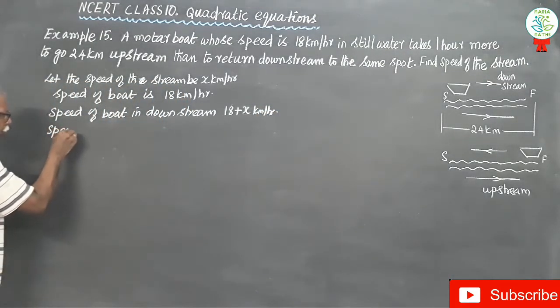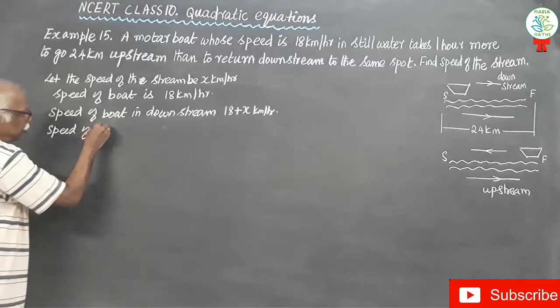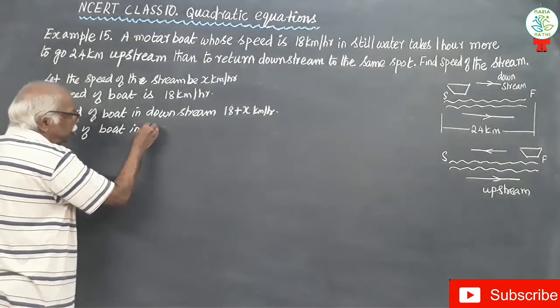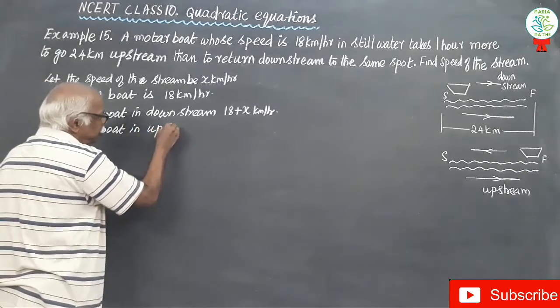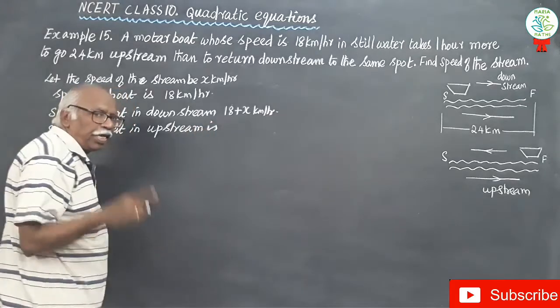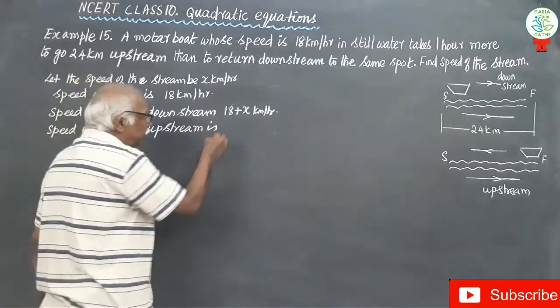Speed of boat in upstream is 18 minus x kilometer per hour.